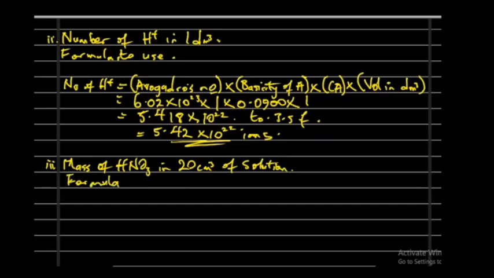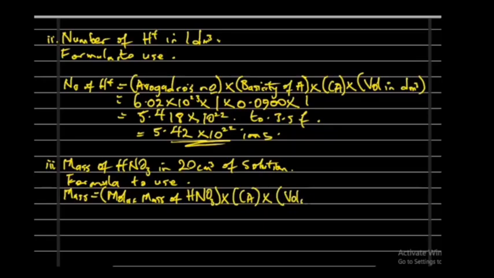The formula that is applicable to this: mass equals the molar mass of HNO3 multiplied by the concentration of A multiplied by the volume given in dm cube.